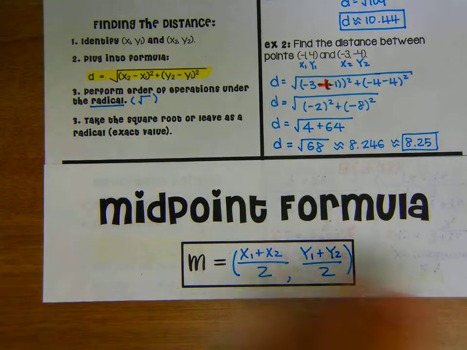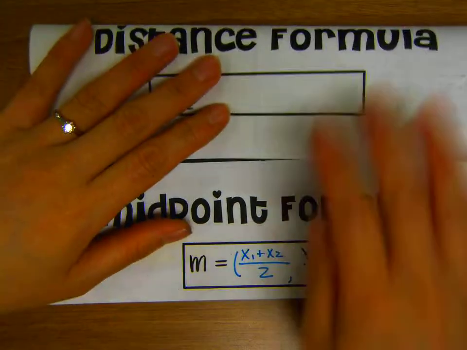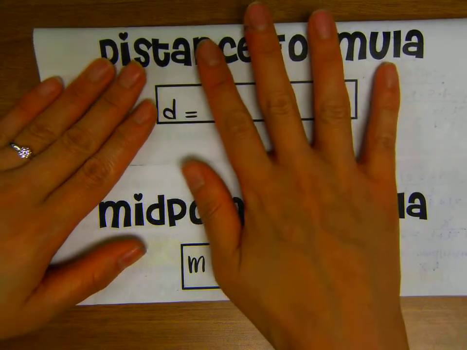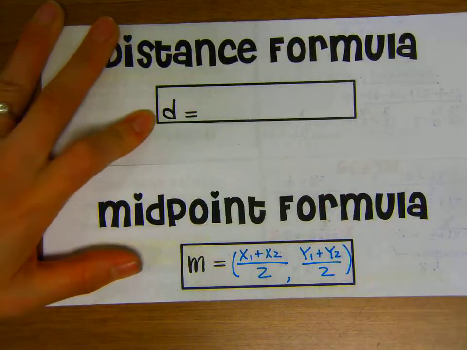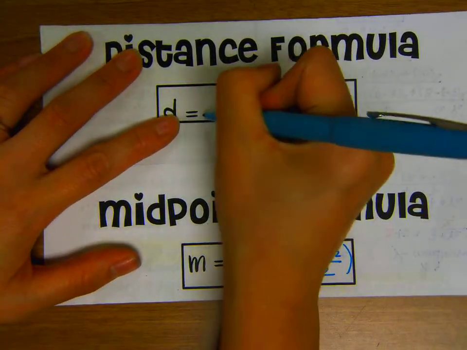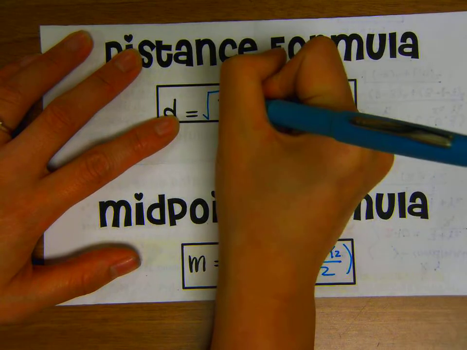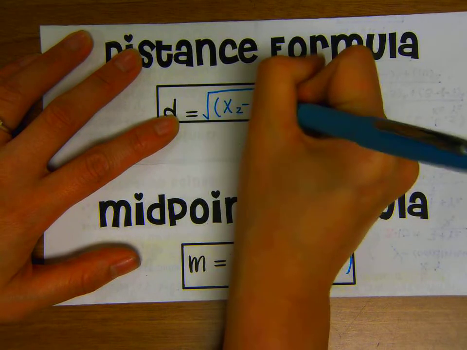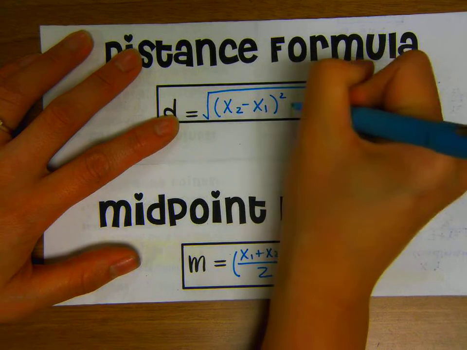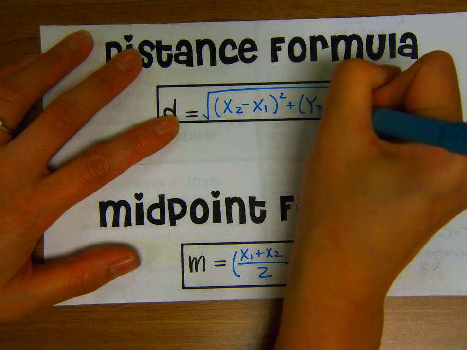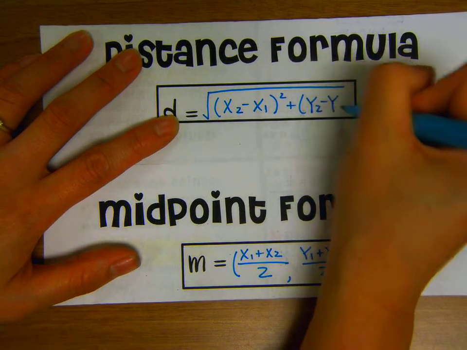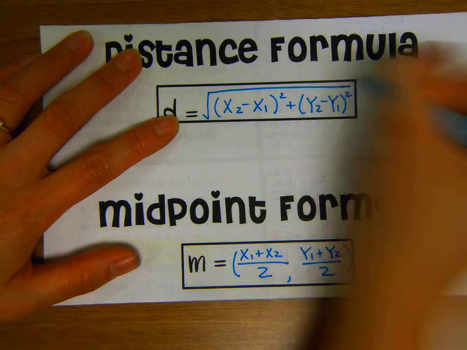And I'm going to fold it one fourth of the distance. And you know the distance formula is the square root of x2 minus x1 squared plus y2 minus y1 squared. That is the distance formula.